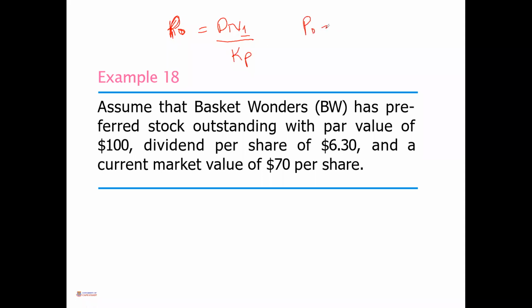But anytime it is growing, it will be dividend 1 over brackets R minus g, the cost of preference shares minus g, the growth rate. And please, dividend 1 simply means that if the question gives dividend 0, you have to grow it by the growth rate before you can get dividend 1. That's why I've written dividend 1.